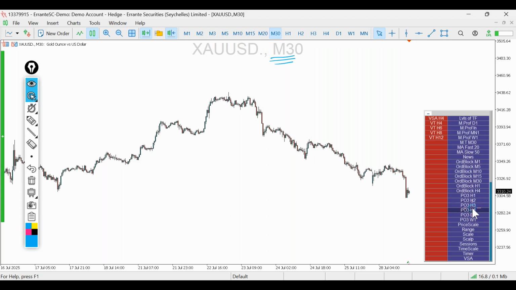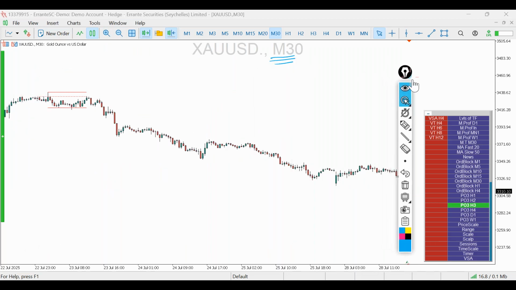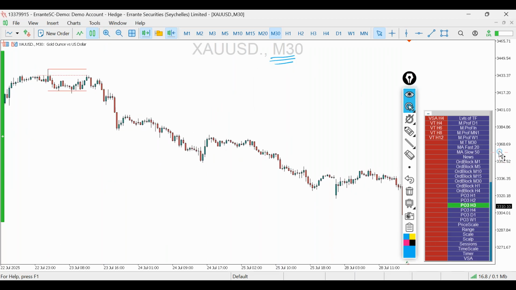I click on this PO3, it's Power of 3 basically. Also you can name it the outside bar I've told you. So what happens over here, as I have selected the PO3 on an H3 chart. You can see this, it's an H3 chart.